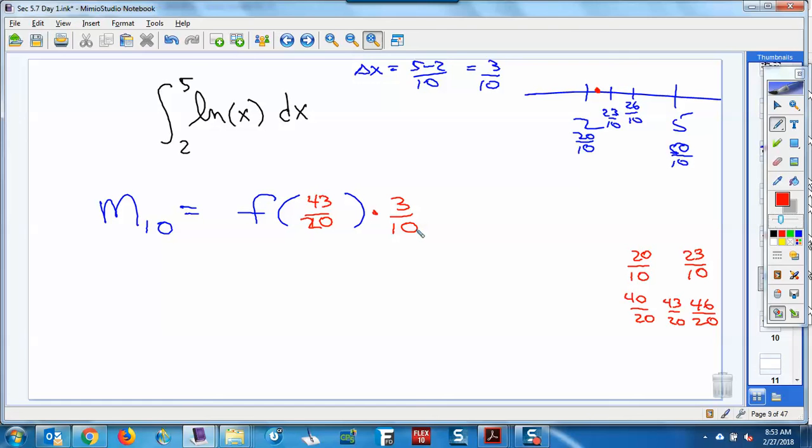Okay, big hint for what we do later in the week. Whenever you see the thing inside here has a fraction that is double the bottom of the width, what do you think right away? Midpoint. So here's your big tell. If it looks like just a normal nice sigma with widths matching up and the i goes from 1 to 10 or whatever, that's a right rectangles problem. If it goes from 0 to 9 or something like that, then you've got left rectangles.